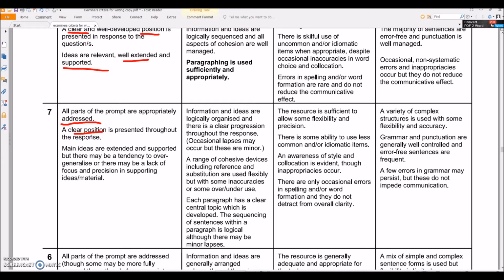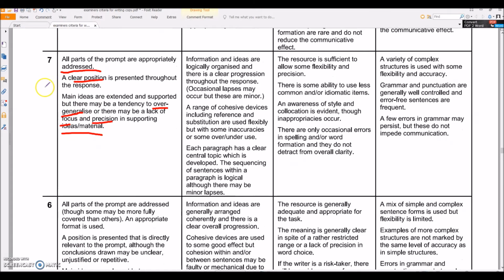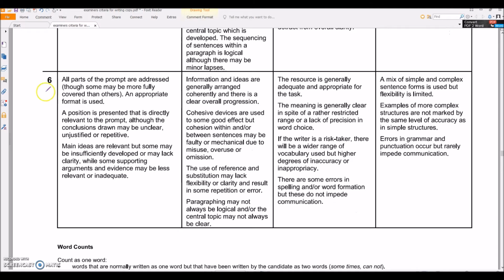And as we go down, you will see the less detail that you include, your band score for task response goes down. So if your ideas are too general and there's a lack of precision and focus in your supporting ideas, you can see, right, as we go down 9, 8, 7, the ideas are still there, but not as developed, not as supported, not as precise, going down, down, down.